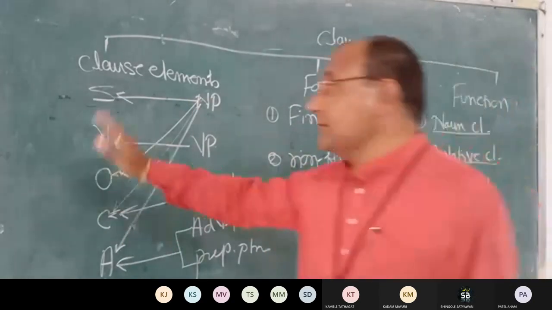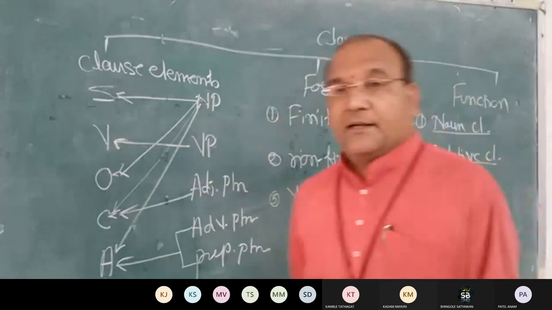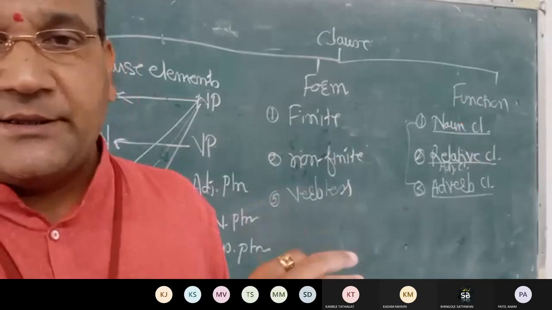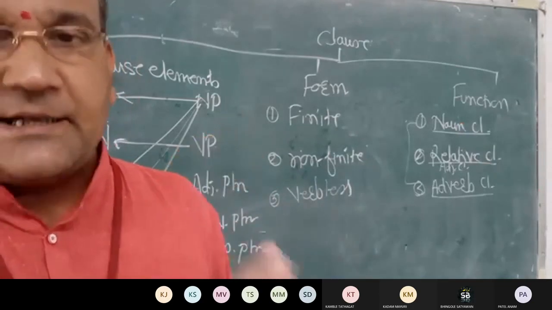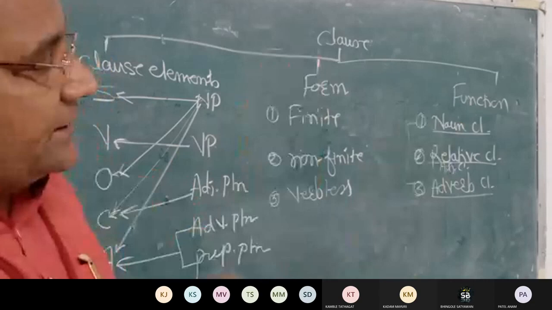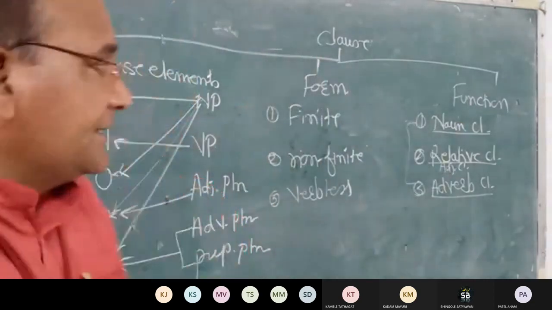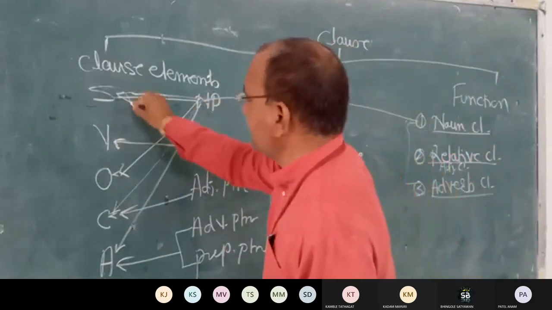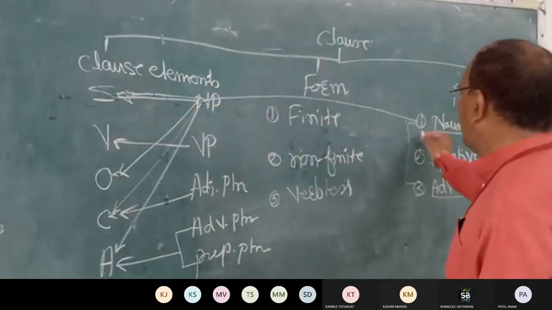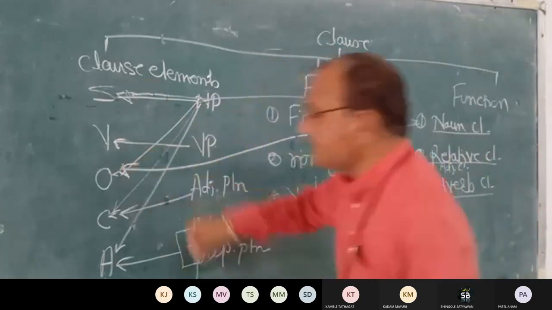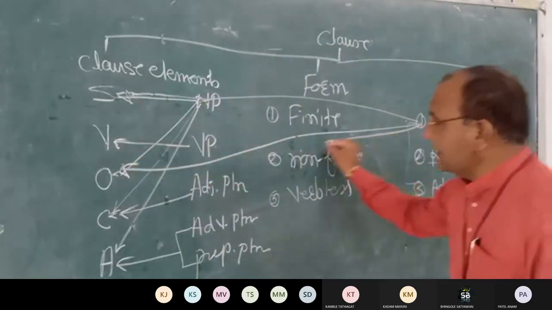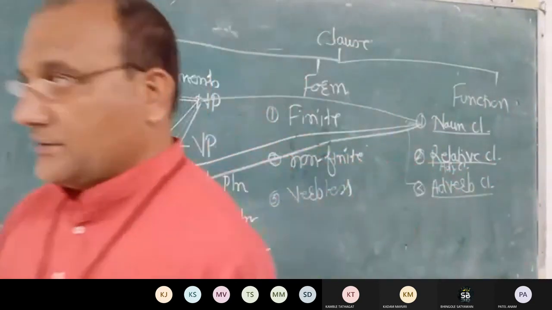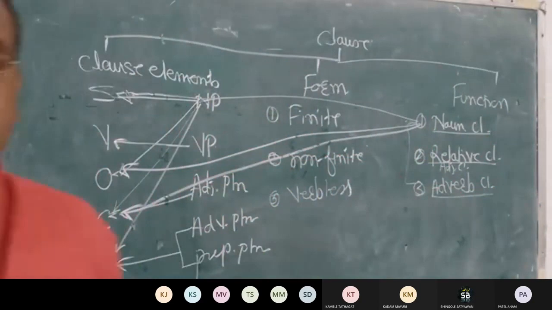Now let us relate all these three. A little bit of confusion I'll be creating in your mind. A little bit complex it is going to be, but try to get it clear. I'm relating all the three together. Noun clause can function as subject, as an object, as a complement.